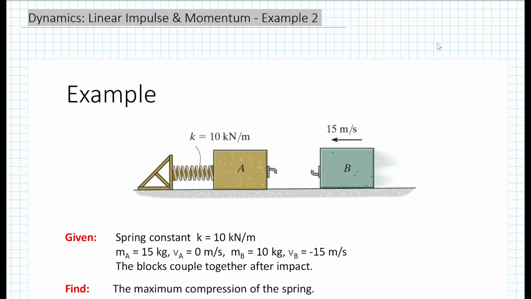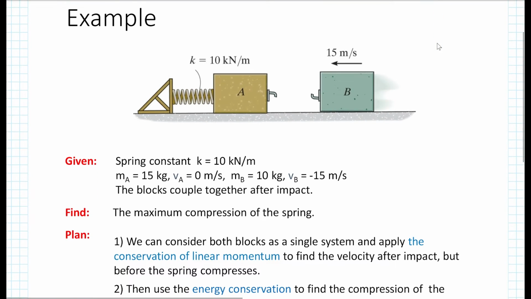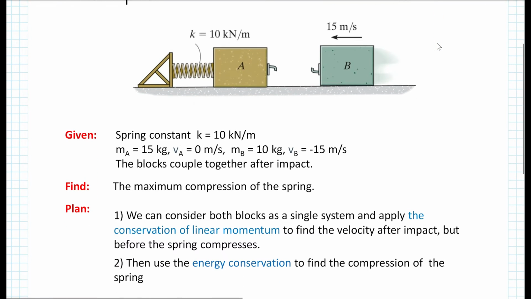First we need to plan. We consider both blocks as a single system and apply the conservation of linear momentum, which you should have read about, to find the velocity after impact but before the spring compresses. Then we use energy conservation to find the compression of the spring.